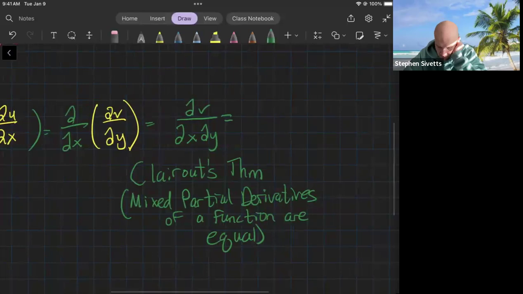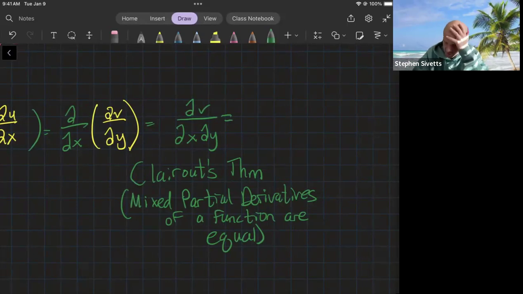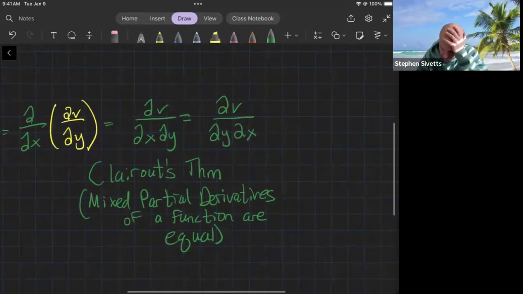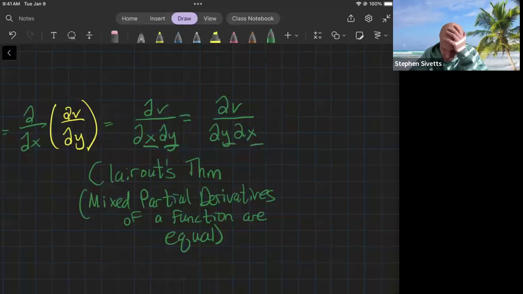So what this means is that the second partial of v with respect to y and then x is equivalent to saying the partial of v with respect to x first and then y. Okay. It's basically switching the letters around. All right. So that's what Clairaut's theorem is.